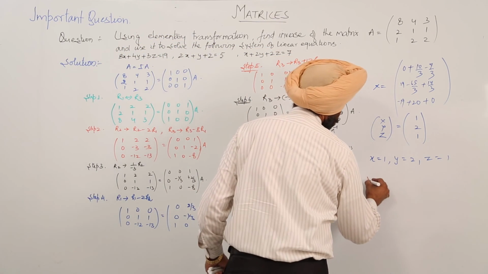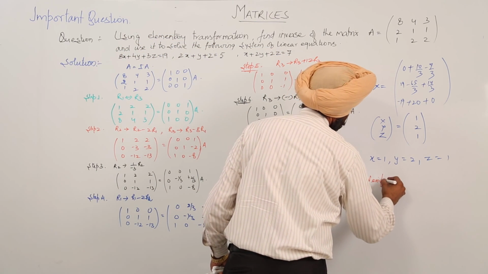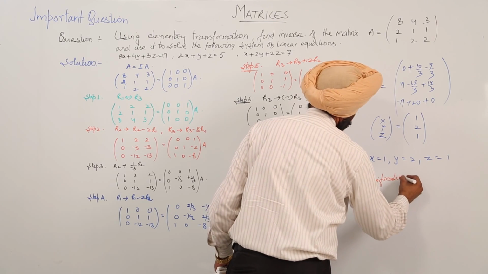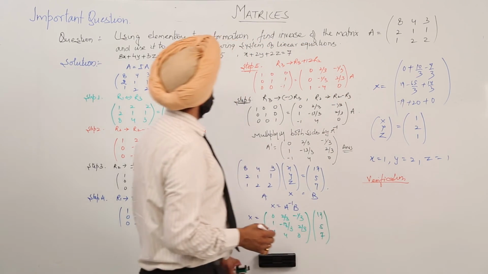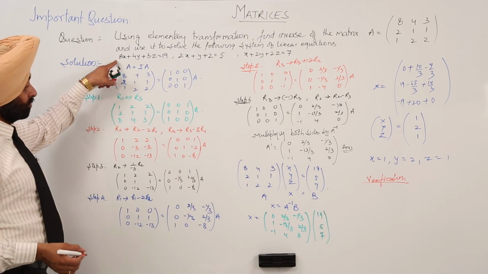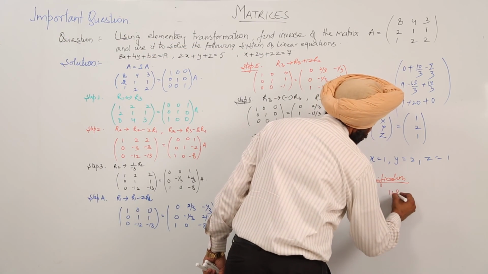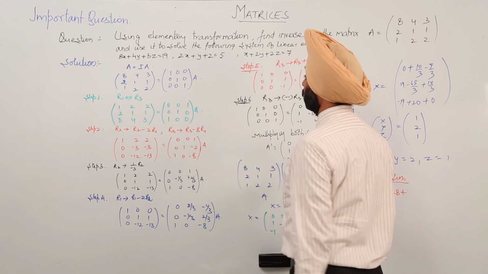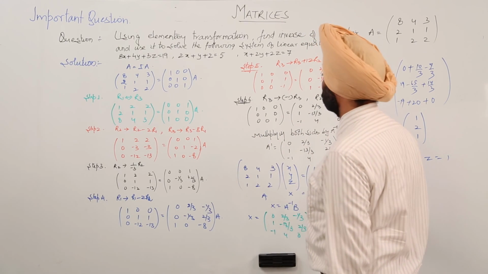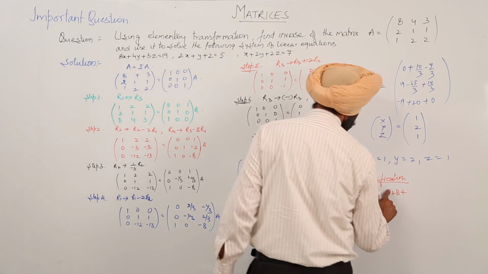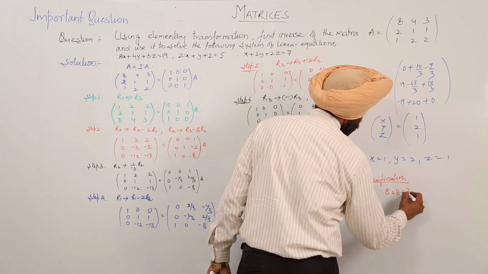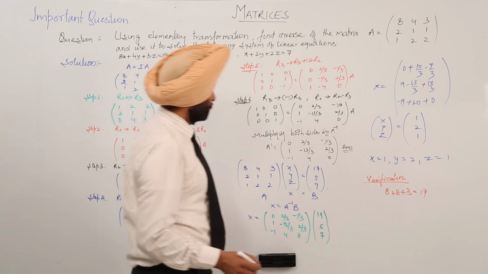Okay, verification. Now x is 1. We are having 1 plus 8 plus, sorry, 8, it is 8. 8 plus 8 plus 3, that is 19.